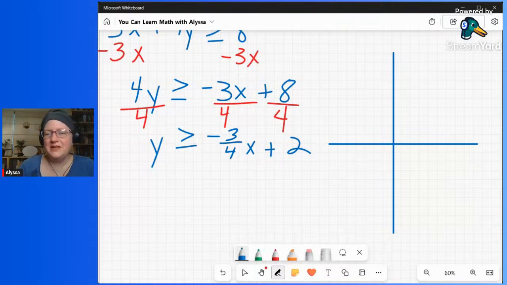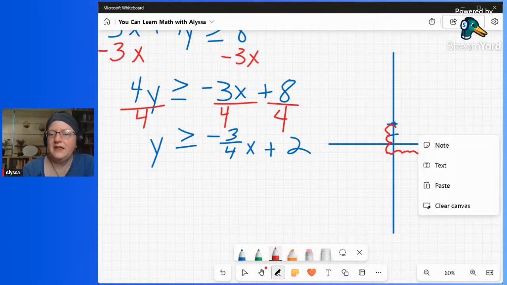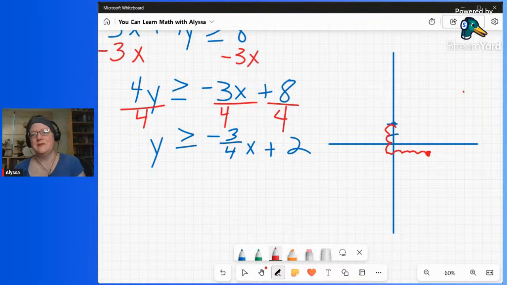We do the same beginning process. Our y-intercept is 2. My slope is -3/4, so -3 over +4. I go down 3, 1, 2, 3, and to the right 4, 1, 2, 3, 4. So there's my second point.